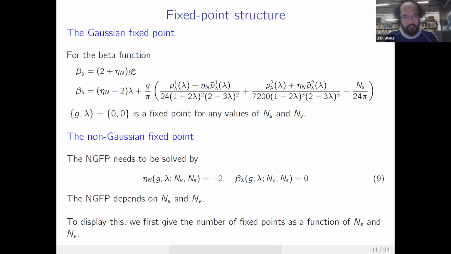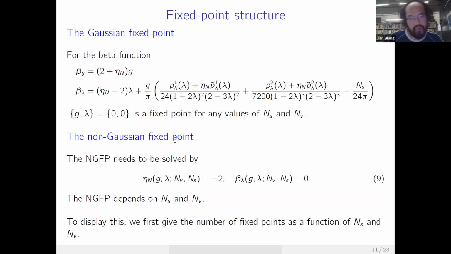The existence of this fixed point is in fact independent of the numbers of N_s and N_v. So this one will persist for the gravity system with any number of matter fields.